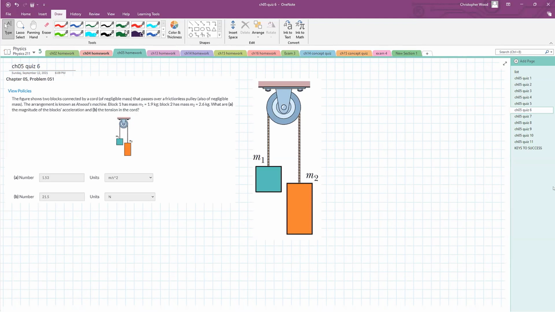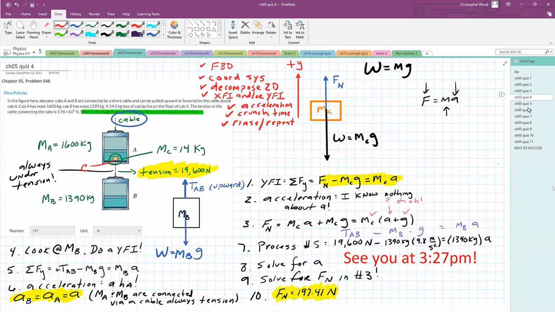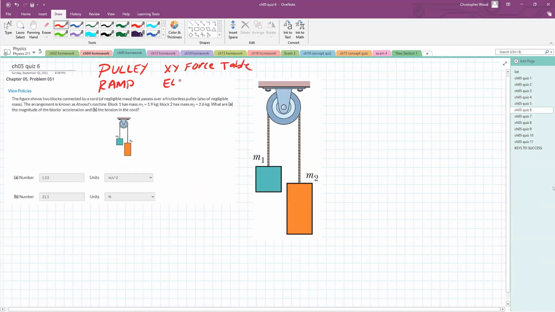All right, so this is a pulley problem. There are pulley problems, there are ramp problems, there are XY force table problems. What was number 4? Number 4 was an elevator problem. There's a few, and these are on your green sheets. I summarized the basic problem types in your calculator.